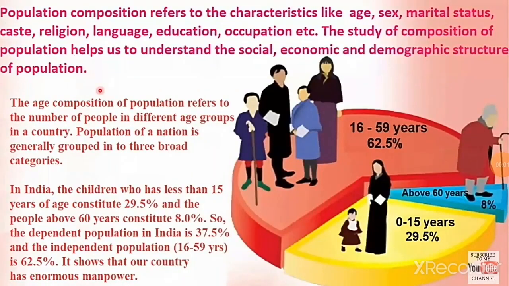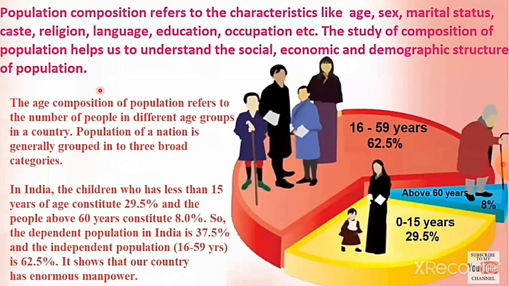Next, population composition. Composition means the people may vary based on their age, literacy, and so on. That comes under the population composition.